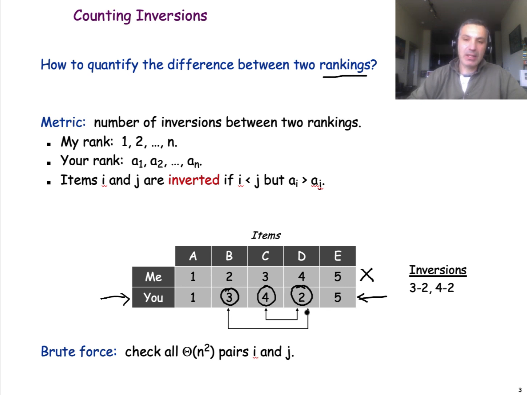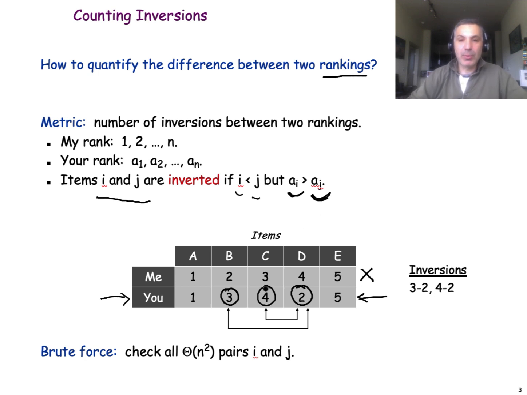Now we can generalize this and define that two items, i and j, are inverted if i is smaller than j, in other words, i appears before j, but the rank that you have given to i is higher than the rank that you have given to j.